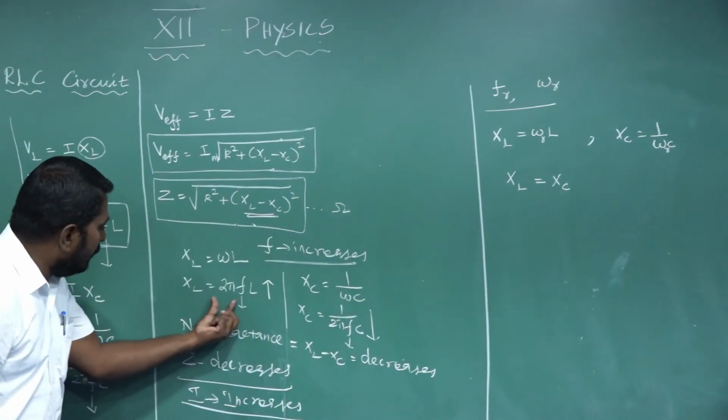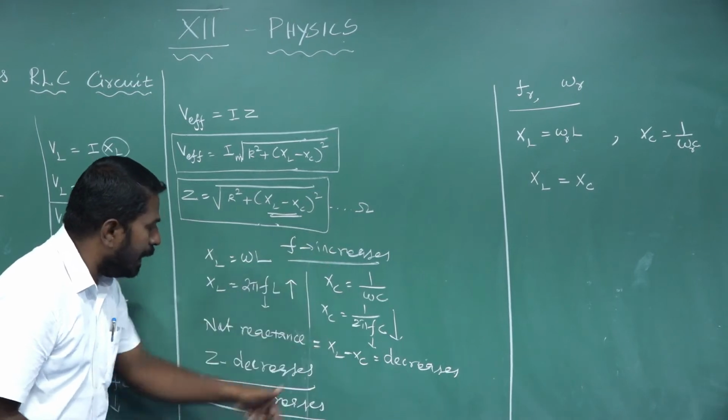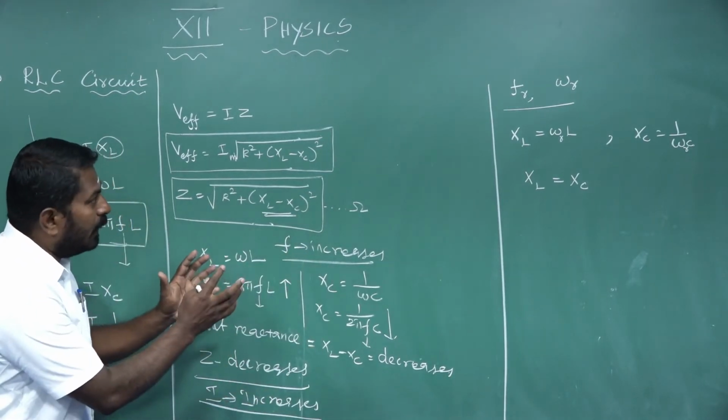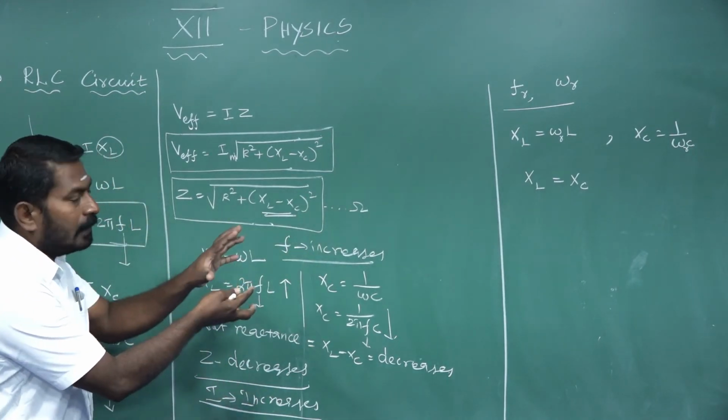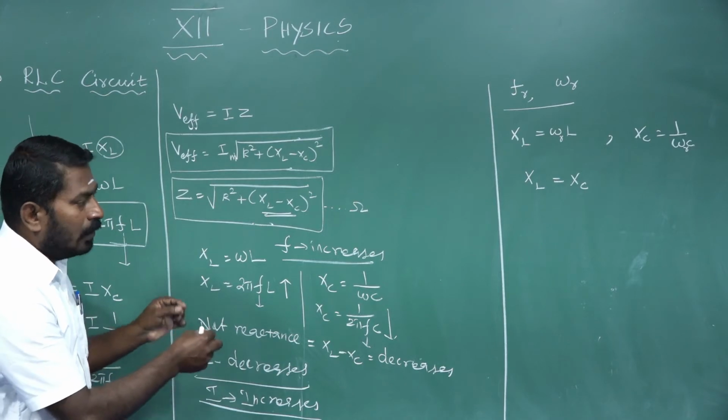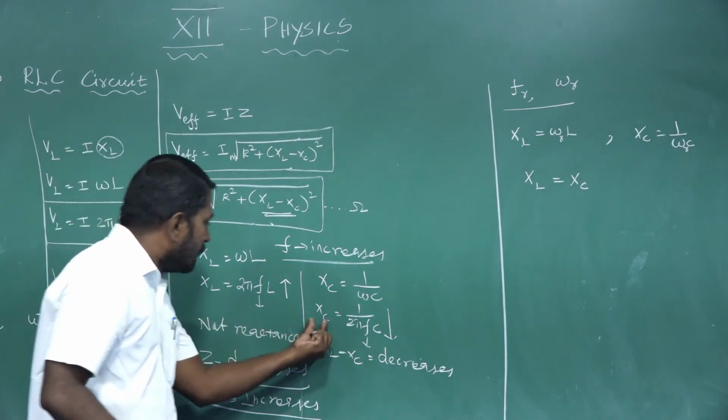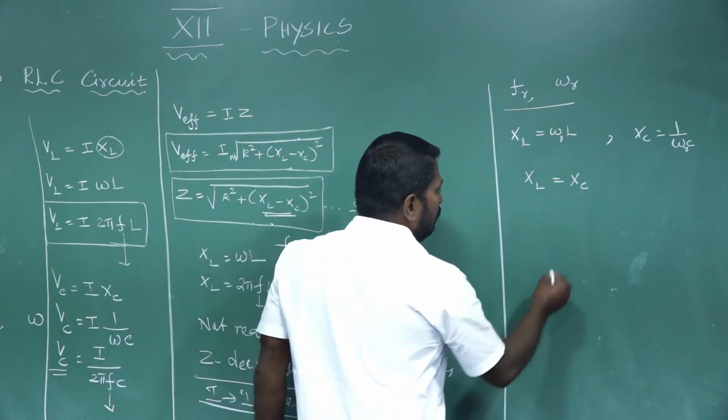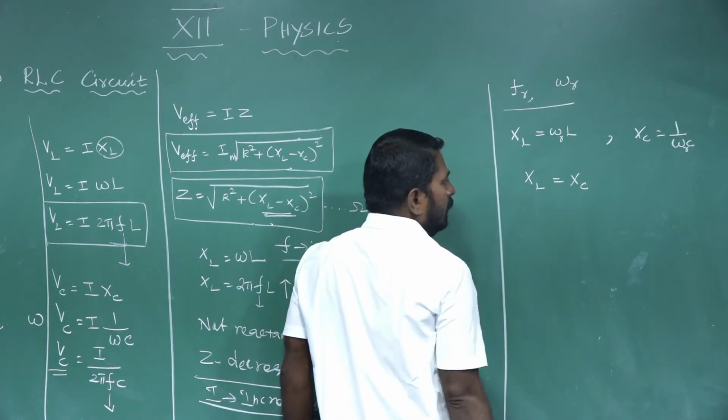As frequency increases, inductive reactance increases and capacitive reactance decreases. At one particular frequency fr, with corresponding angular frequency omega r, both inductive reactance and capacitive reactance are equal. XL is equal to XC.